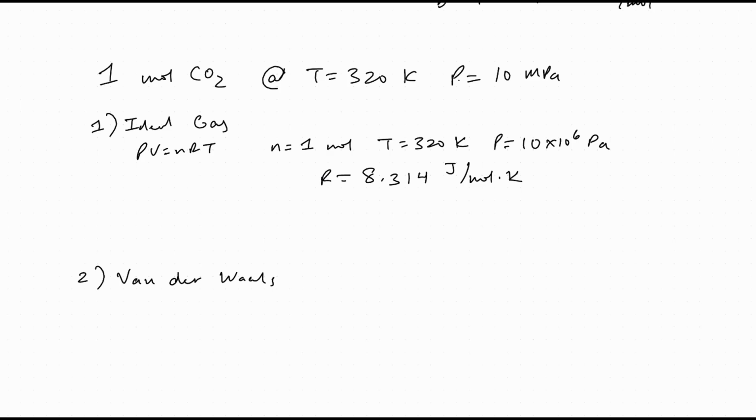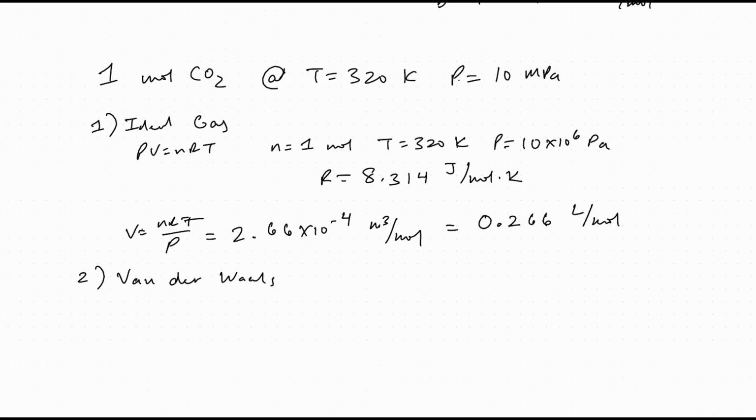Basically, we plug in our values. We get V equals nRT over P. And if you did all these calculations, you should get 2.66 times 10 to the minus fourth meter cubed per mole. Or a nicer number would be 0.266 liters per mole.